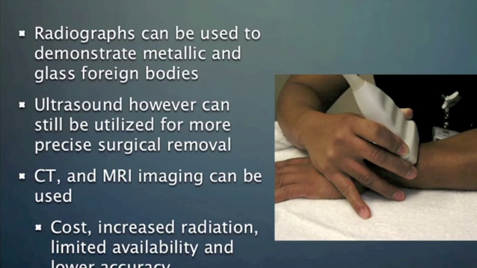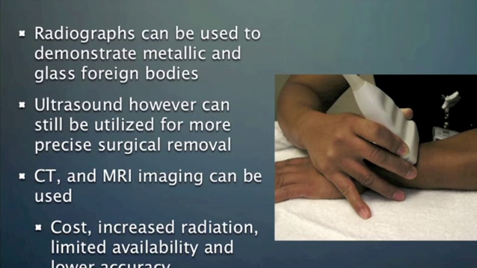So just seeing a plain film, even a 2-view plain film, can be very misleading about where to actually search for the foreign body, as one is often misled by looking at a soft tissue surface injury, which may not be anywhere near where the foreign body is actually located.